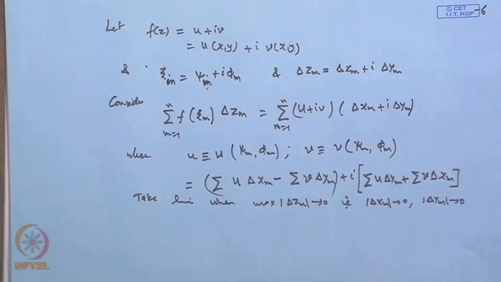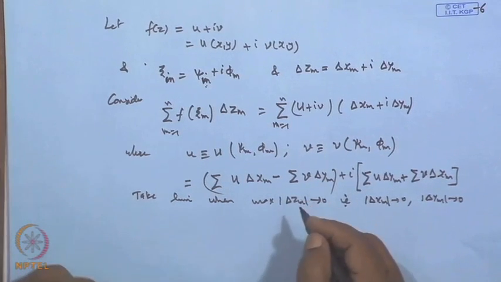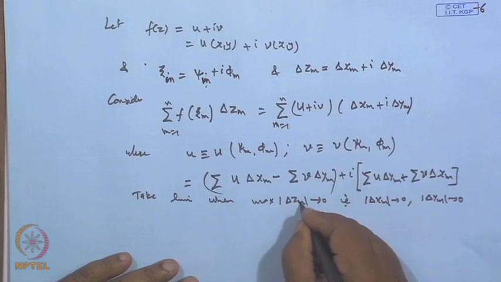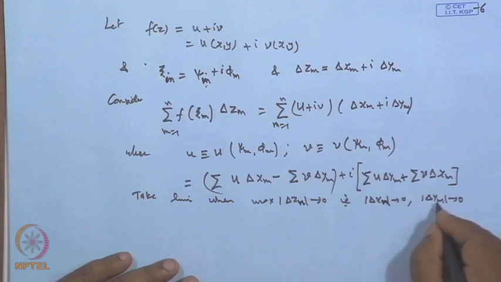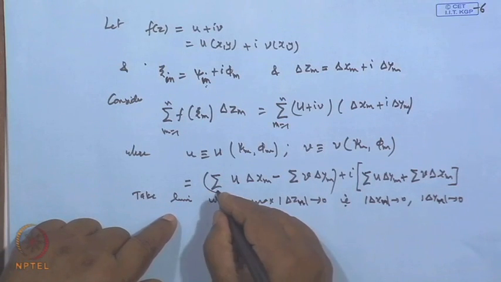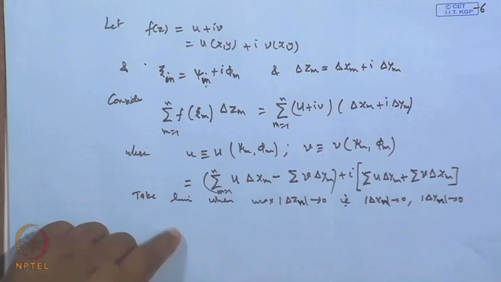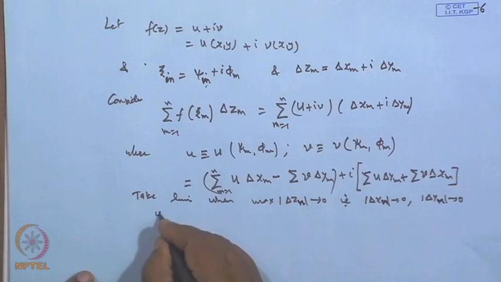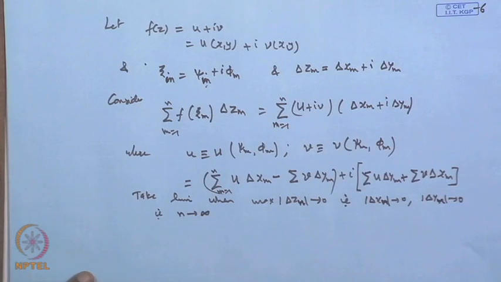Here m is 1 to n, so that is the same as n tending to infinity.